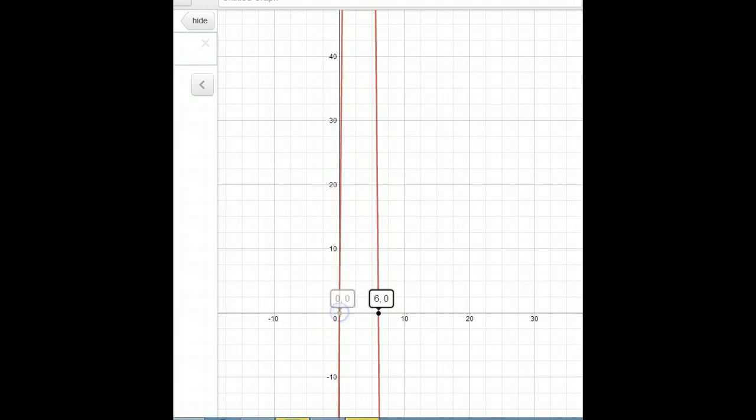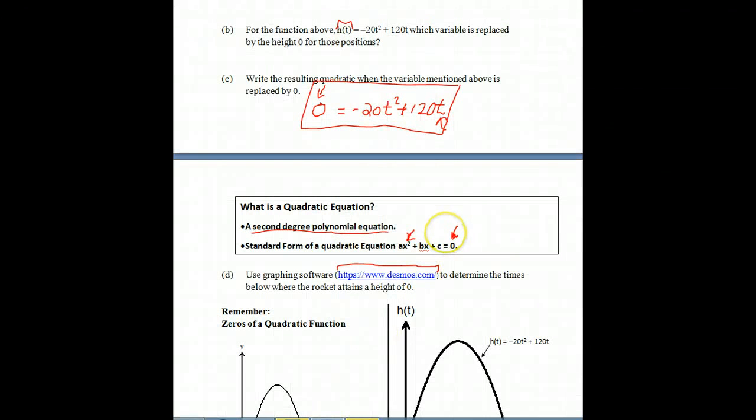So the height is 0 at 0 seconds, and at 6 seconds the height is 0. So when the time is 0, and when the time is 6 seconds, so at 0 seconds and 6 seconds.